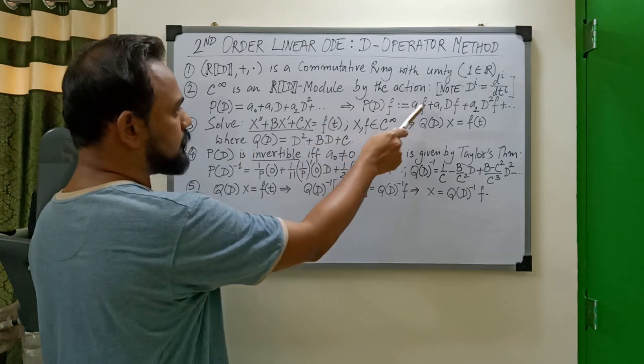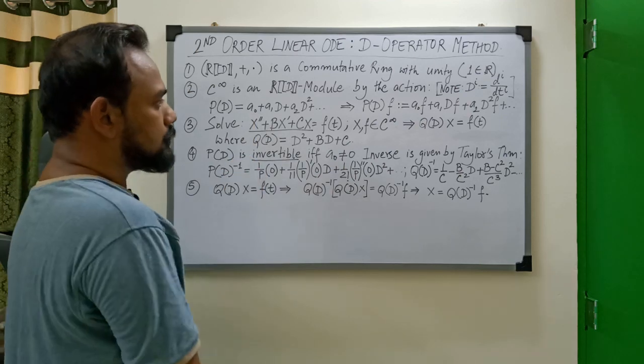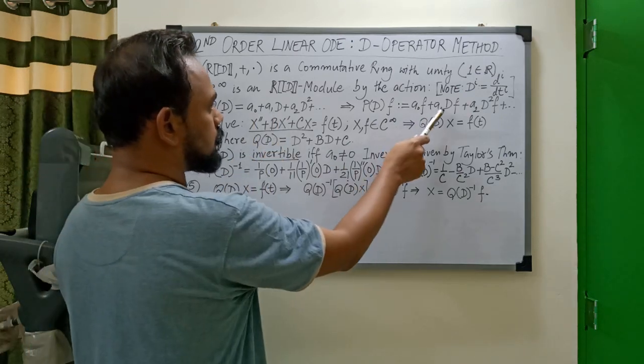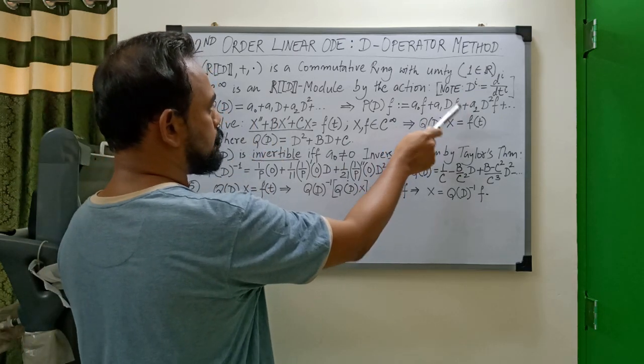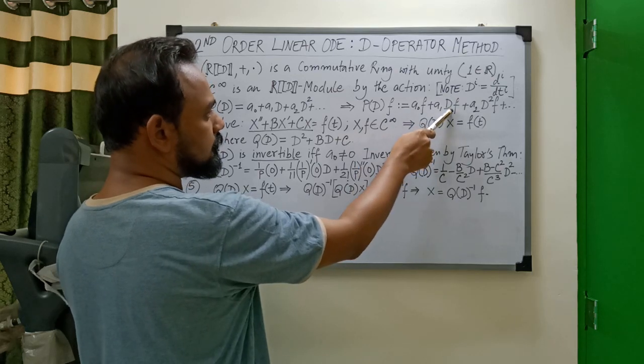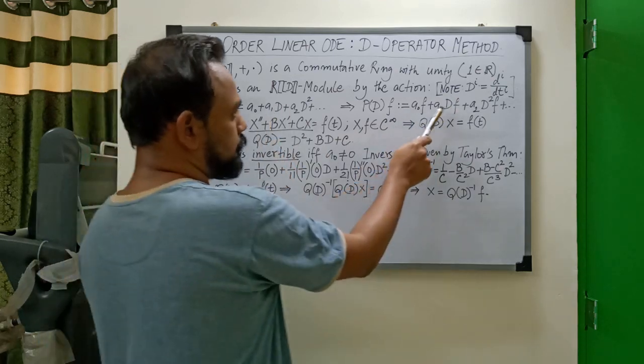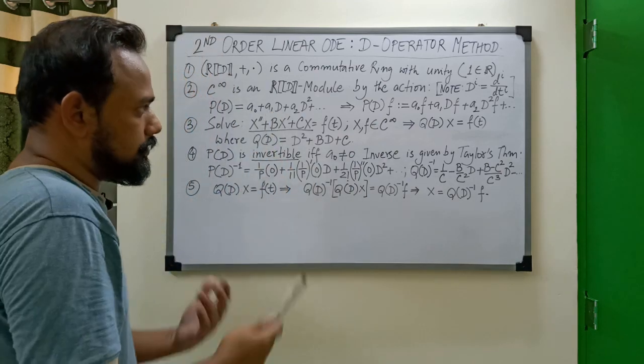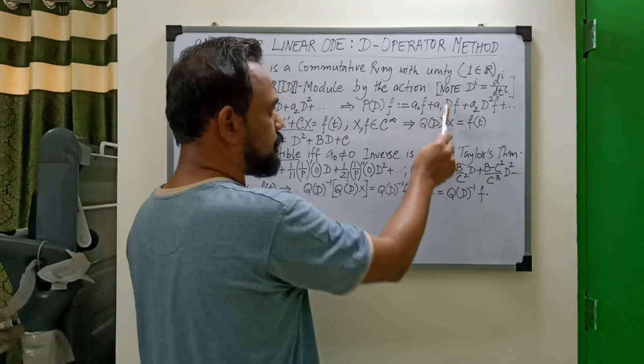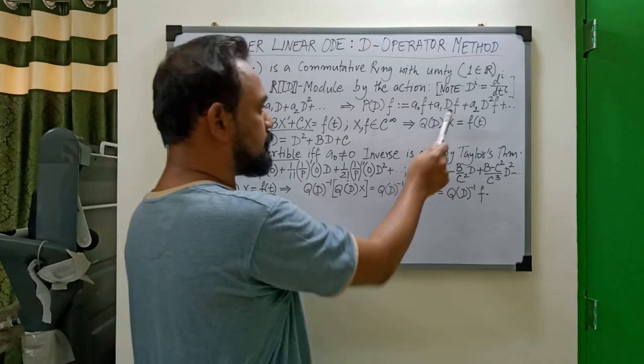A0 would act on f by simple multiplication, because a0 is a real number. A1 D would just differentiate f once, because there's a D here, and a1 would remain as it is, multiplying the resultant function from before.